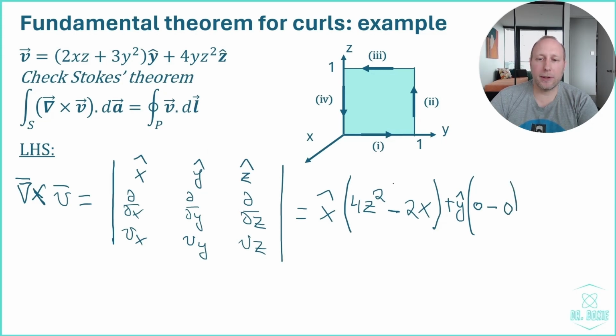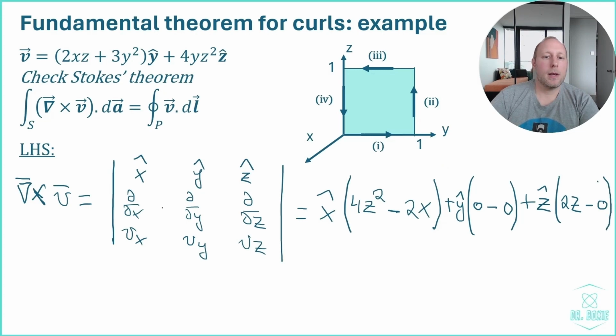In other words, the curl will not have a y component. Plus z hat multiplied with the x derivative of Vy, which is 2z, minus the y derivative of Vx, which again is 0. And so what we find is that the curl of V is equal to (4z squared minus 2x) times x hat plus 2z z hat.